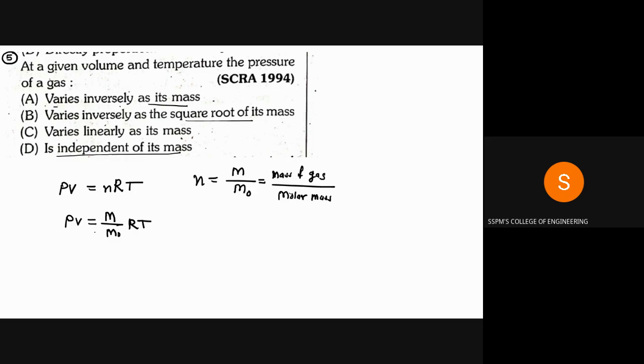So we can write PV is equal to M upon M naught into R into T. Okay. So pressure is directly proportional to the mass. So the correct option is option C. So it varies linearly as its mass.